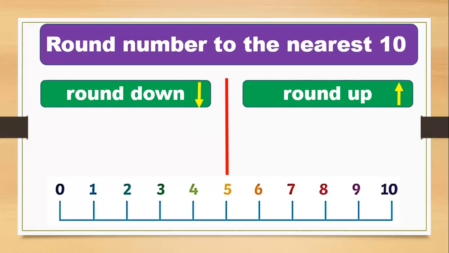You have to estimate whether your number should be rounded down or rounded up. First of all, look at the midpoint, 5. If your number is smaller than 5, round down, go back. If your number is 5 or more than 5, you have to round up.